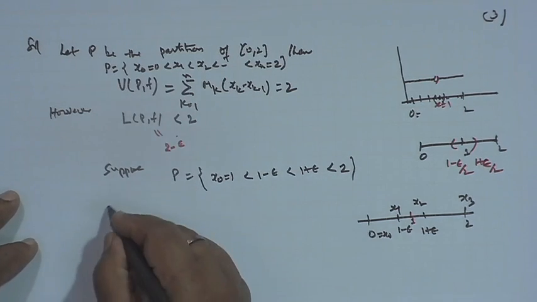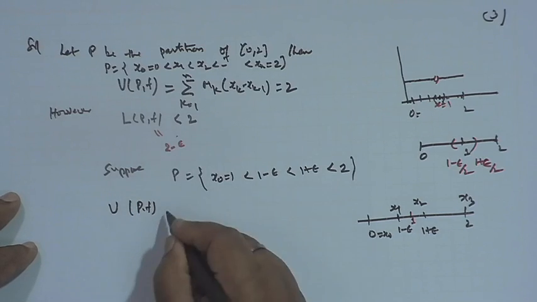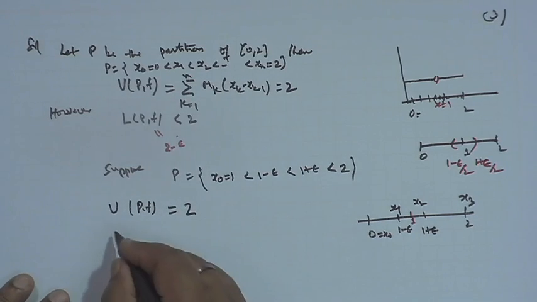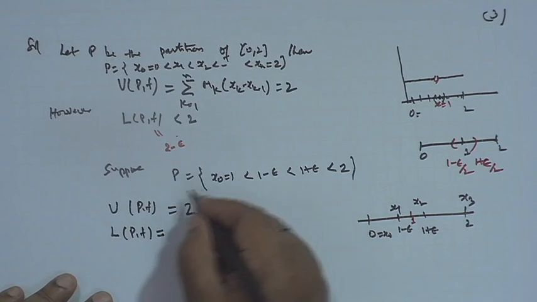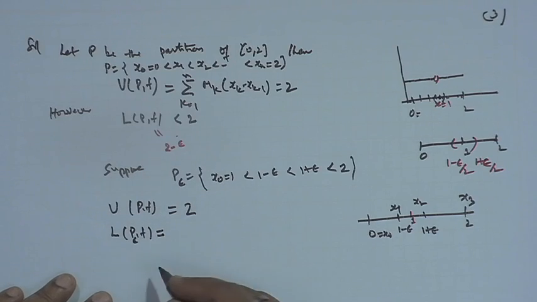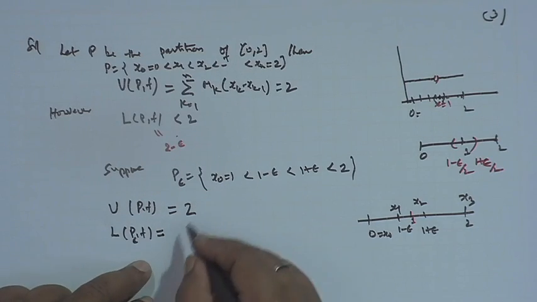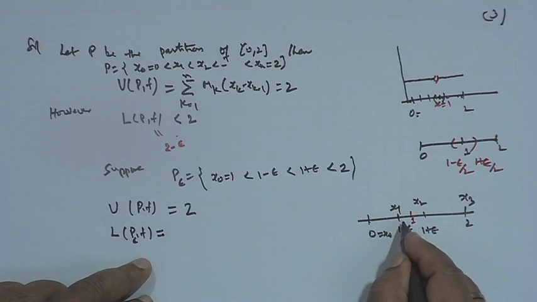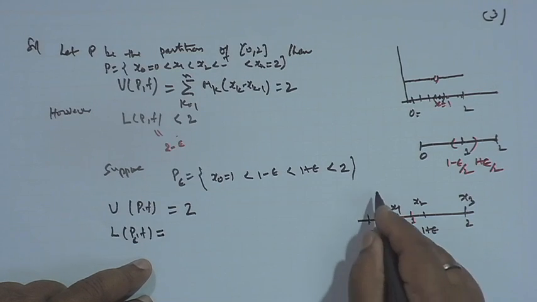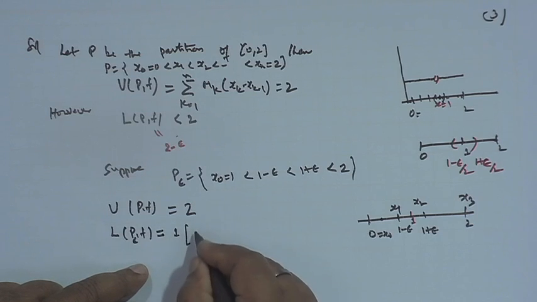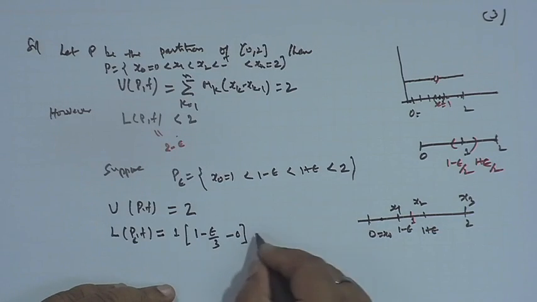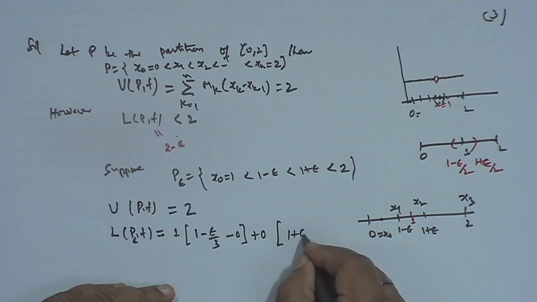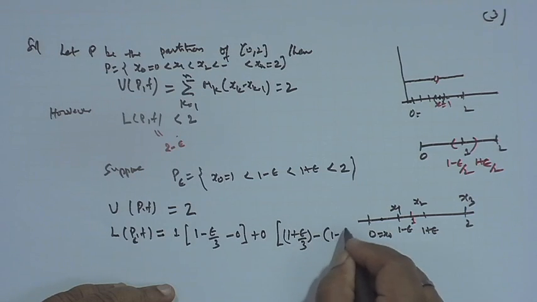The upper sum over any partition will always be 2. But what about the lower sum? Let us take the partition P_epsilon. The lower sum: in between 0 to 1 minus epsilon, the value of the function is 1, so it gives 1 times (1 minus epsilon minus 0). Then over the middle interval the minimum is 0, so it gives 0 times (1 plus epsilon minus (1 minus epsilon)).